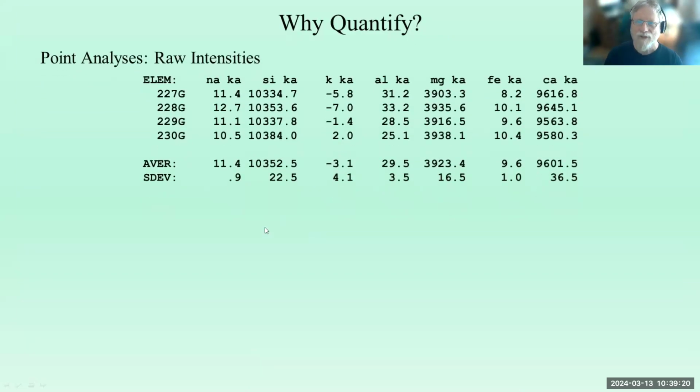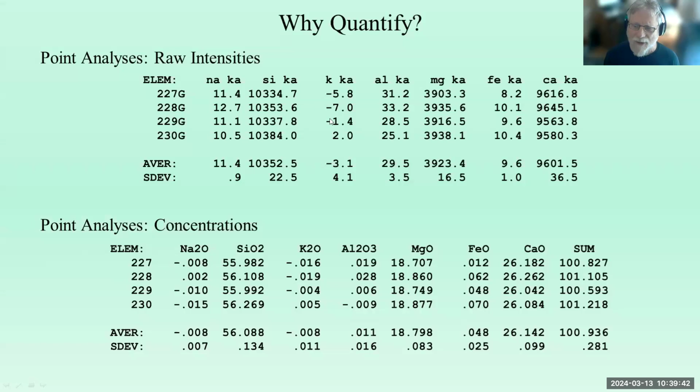Okay, so why do we want to do quantification? Well, it's because it gives us information. If the raw intensity were enough, then we would just look at raw intensities and say, whoa, oh yeah, that composition. Well, no, we can't look at this data and understand what this composition is.